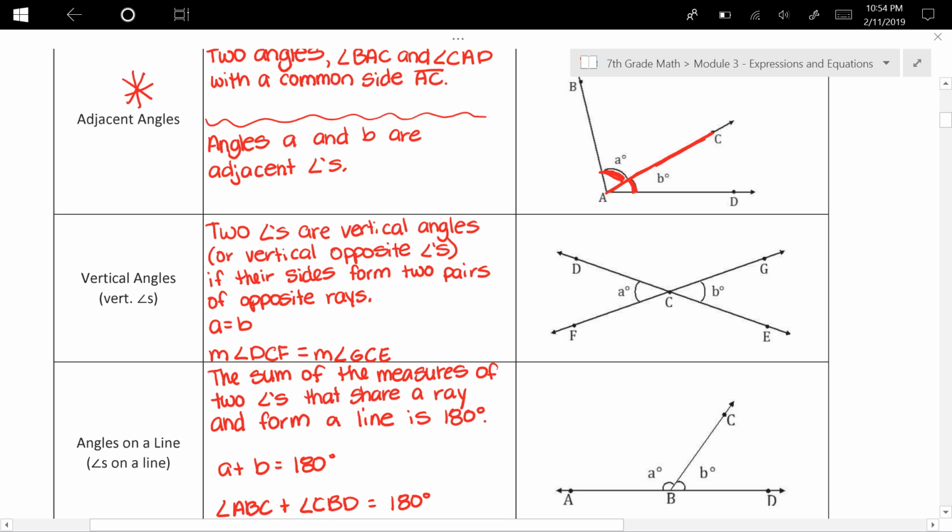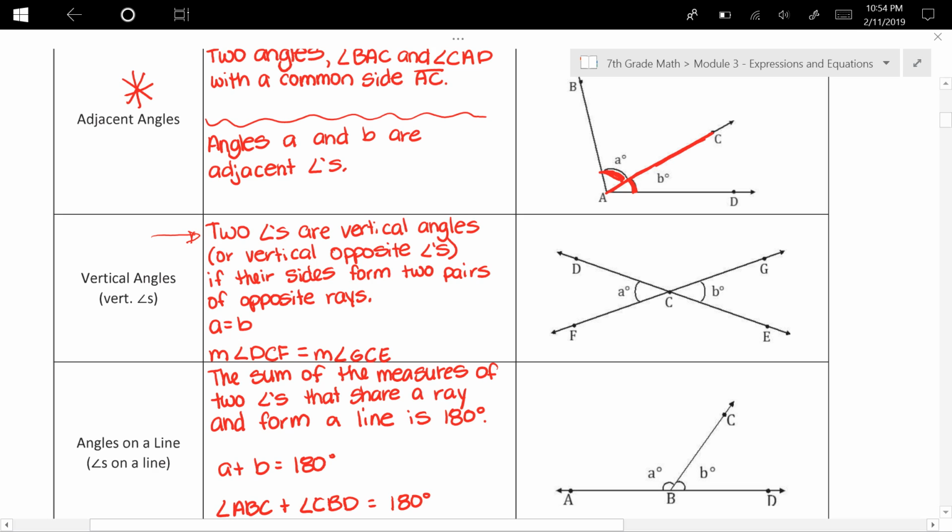I think I'm actually kind of saying that wrong. You might see at the top of my screen, it's almost 11 o'clock on a Monday night, so I'm kind of tired. So let me just read what I have in here. Two angles are vertical angles or vertical opposite angles if their sides form two pairs of opposite rays.